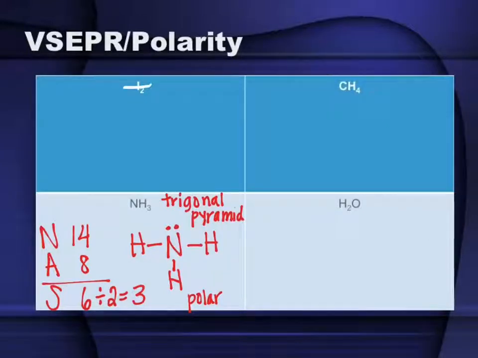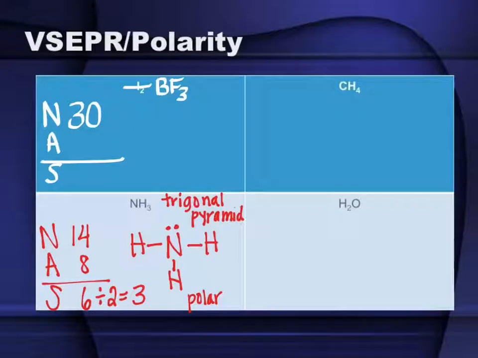Let's do BF3. Needed, available, shared. How many are needed? 8 times 3 is 24, plus my 6 from boron, 30.